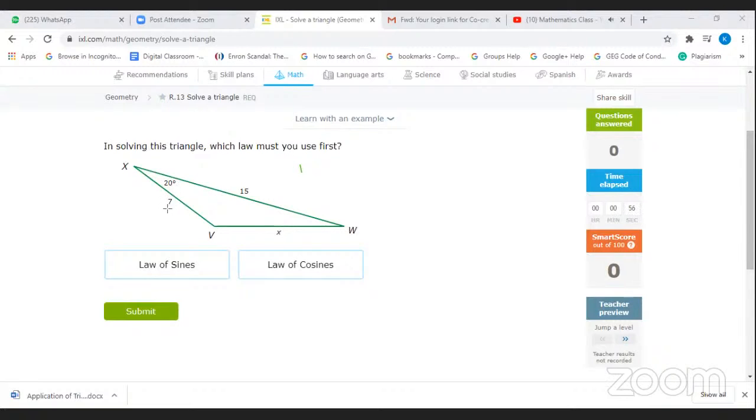Look at the 3 parameters given here. We have been given this, this, and this. Looking at those, we realize that they are 2 sides and the included angle. Anytime you have been given 2 sides and the included angle, what we can apply first is our cosine rule. So the answer is cosine rule, laws of cosine. Just click on this.